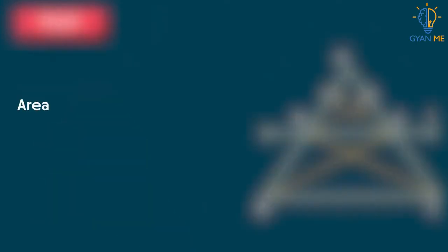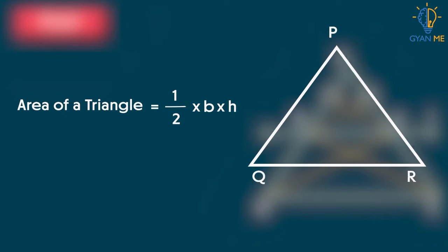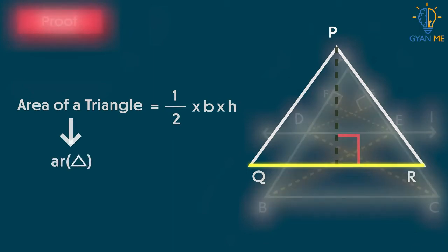We know that the area of a triangle is half into base into height. Recall students that the height of a triangle is nothing but a perpendicular drawn to its base. Also recall that we denote the area of a triangle as ar, with the name of the triangle in brackets.